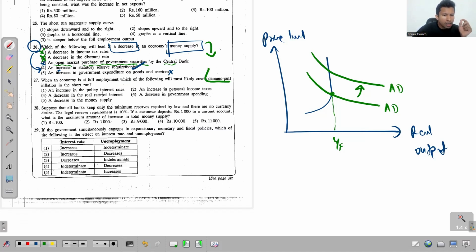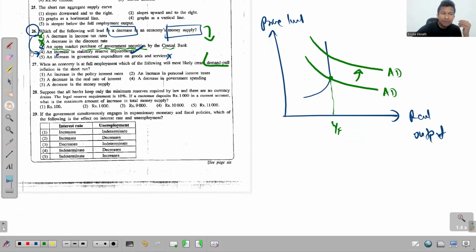An increase in the policy interest rates. See now, when the central bank increases policy interest rates, in simple terms, SDFR and SLFR, when these policy interest rates are increased, what happens to the interest in general? I mean, the interest that the bank charges when the general public obtain loans, that interest rate also increases.